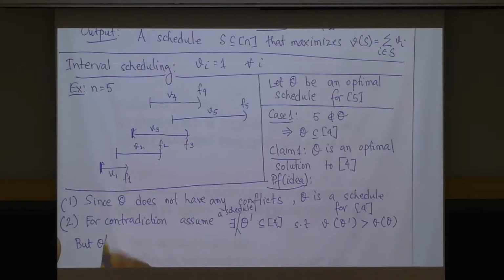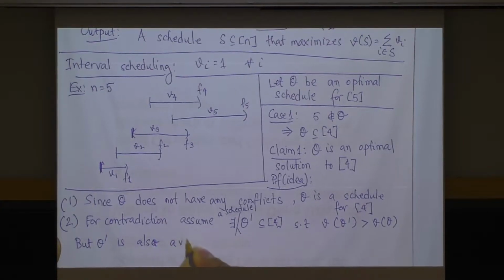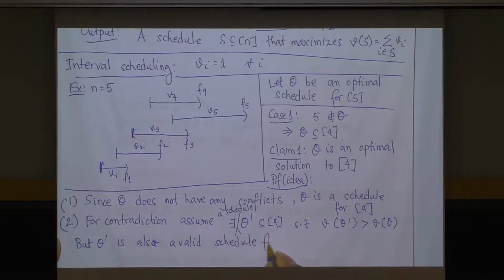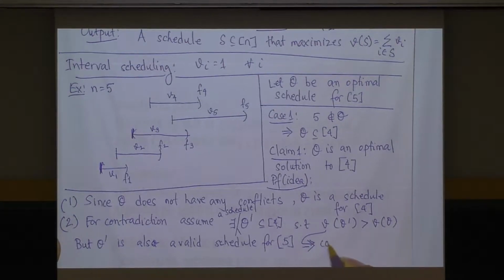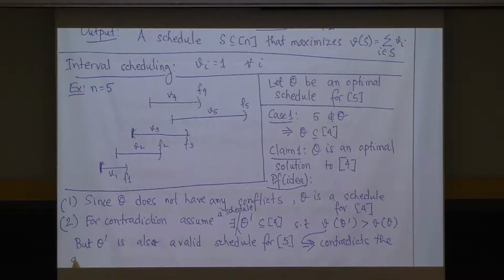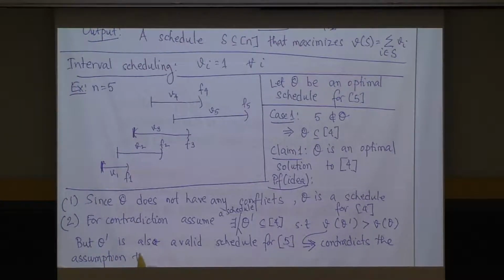But O prime is also a valid schedule for 5, and so this in particular contradicts the assumption that O is optimal for the original problem.